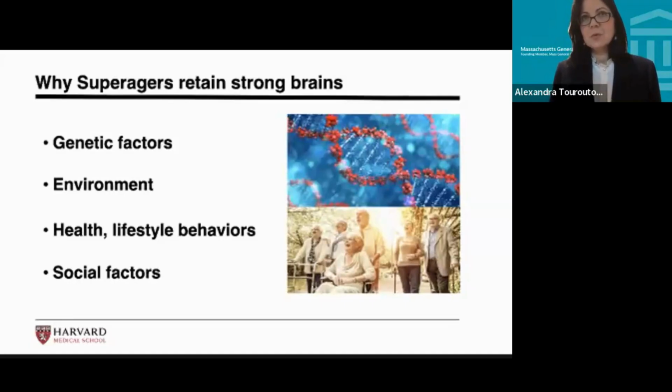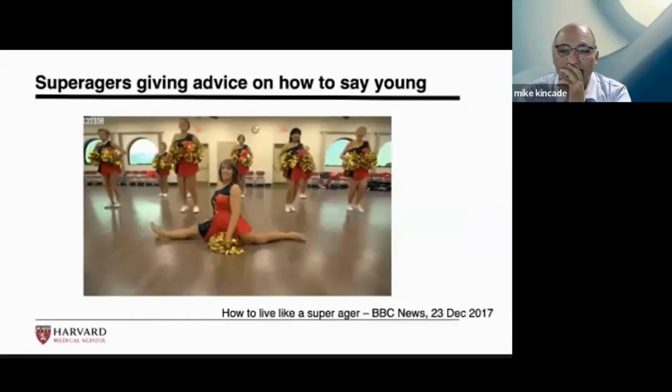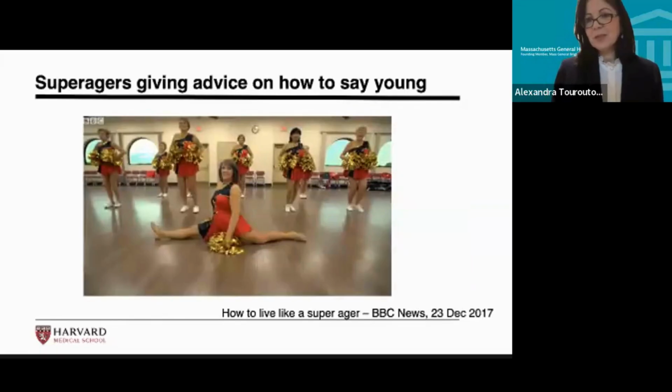Superagers come from all walks of life. One common characteristic is that they are very social and very connected; they report stronger, closer family connections. So social factors definitely play an important role. And there are probably numerous other factors that we have not yet discovered.